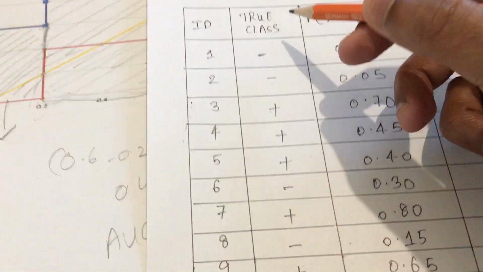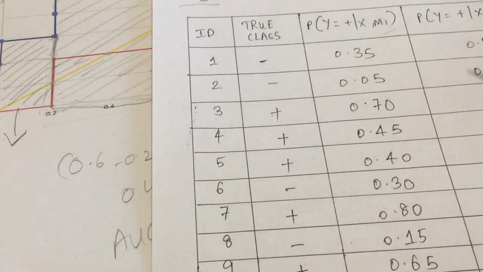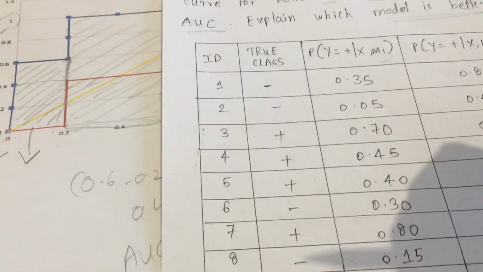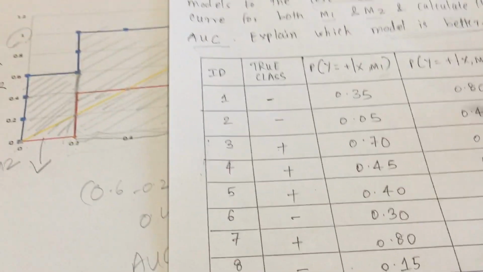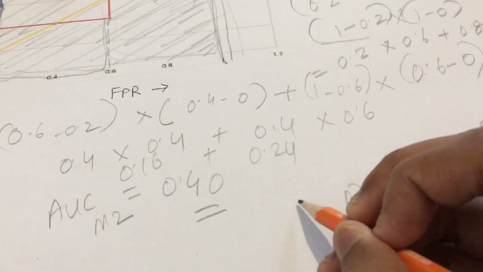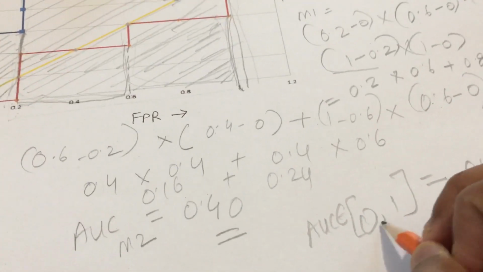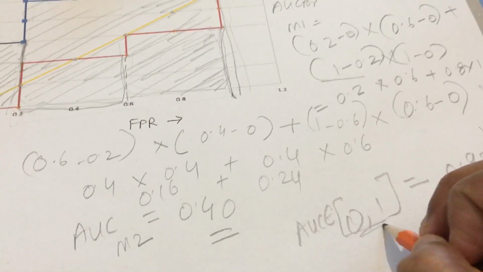Else, if the true class labels are ordered in a random fashion, then we can say it is randomly ordered. Or if all negative classes come before all the positive classes, then the AUC for that is 0. So AUC lies in the range between 0 and 1.